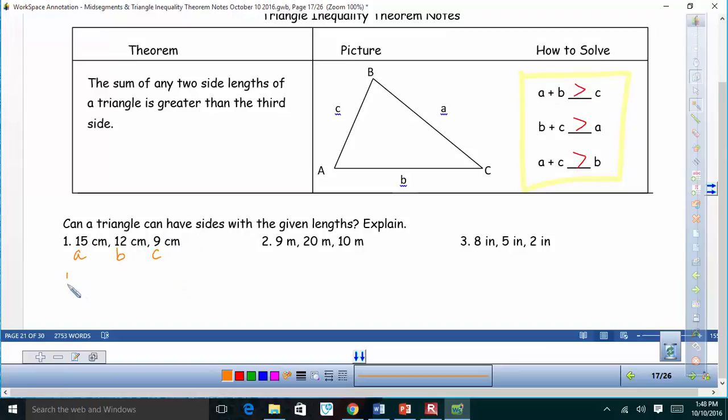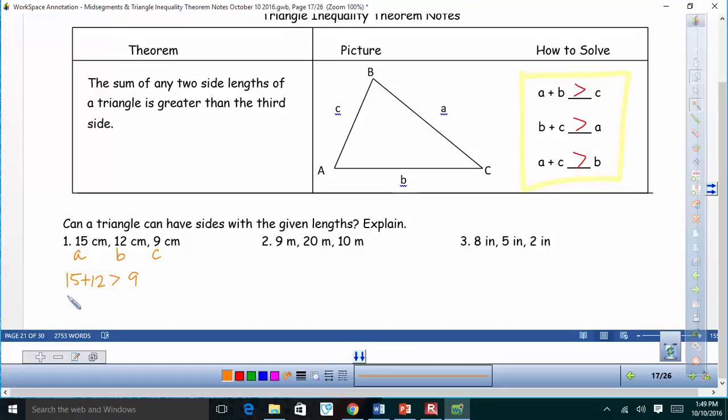So if I add 15 plus 12, is that going to be bigger than 9? Yes. 15 plus 12, what does that give me? 27. Is 27 bigger than 9?